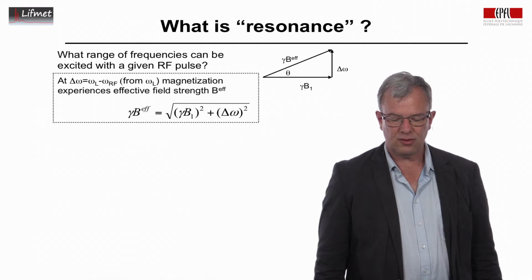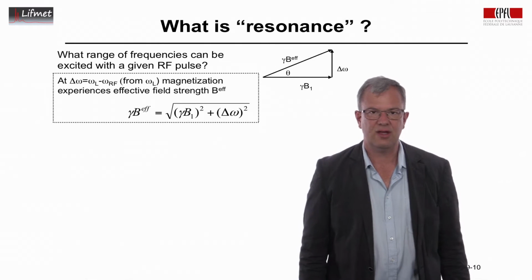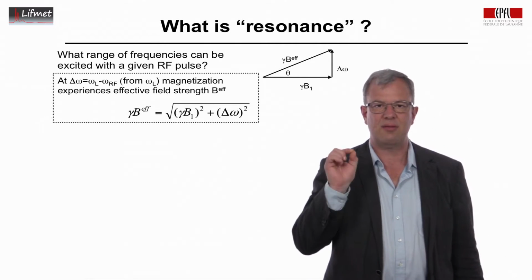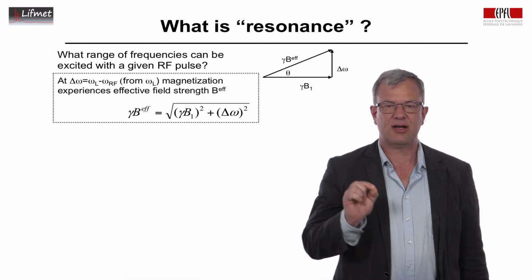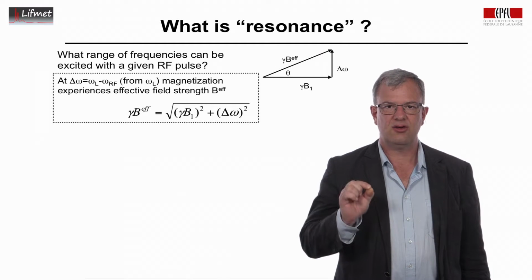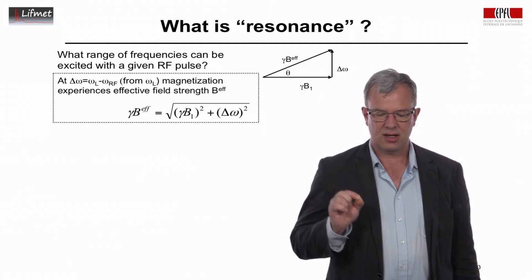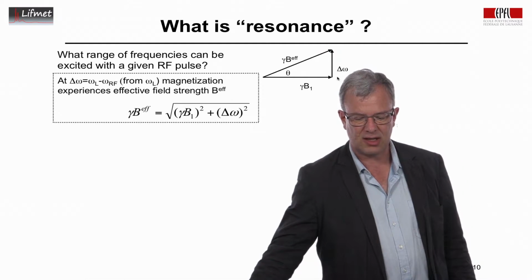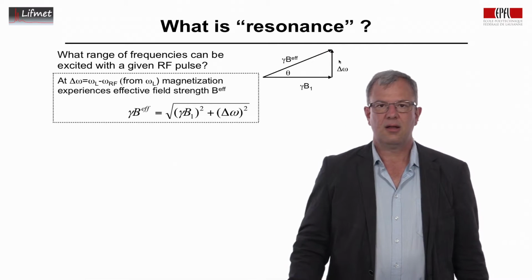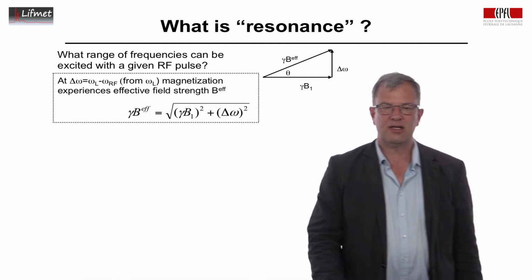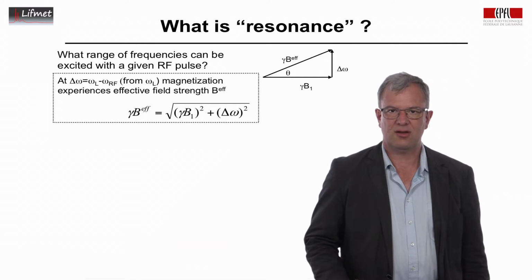How does this come about? Well, we have seen if we are in a rotating reference frame that does not exactly match the Larmor condition, then we have a residual magnetic field along Z, and that is here given by delta omega. We are by definition in a rotating reference frame where gamma B1 is stationary.